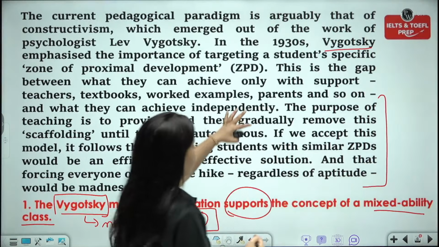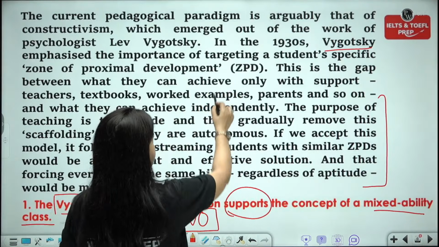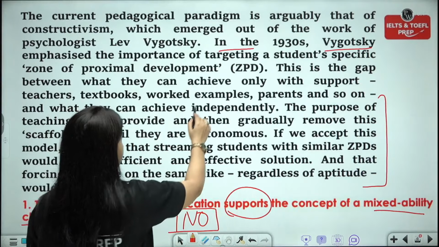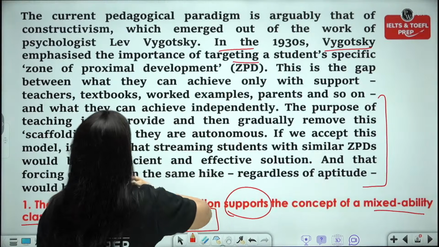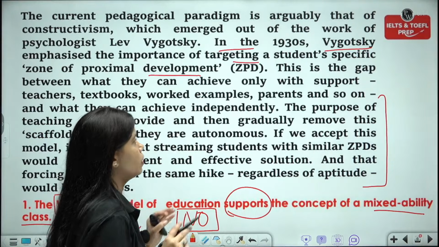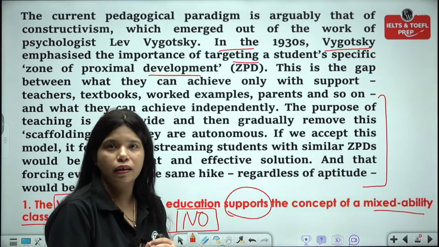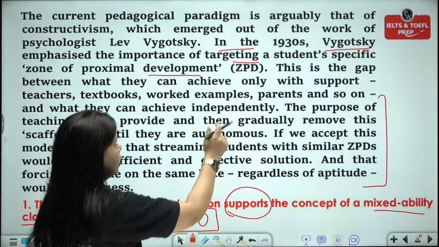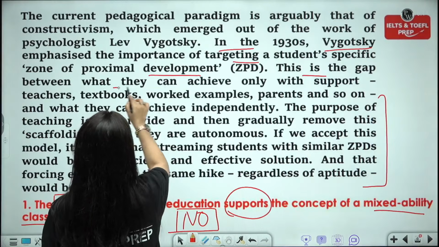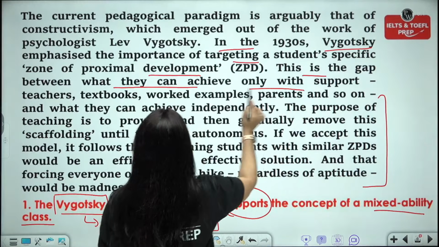Okay, let's read from the top here. It says, in the 1930s, Vygotsky emphasized the importance of targeting a student's specific zone of proximal development, ZPD. Now, what is ZPD? They are answering in the next sentence. This is the gap between what they can achieve only with support.